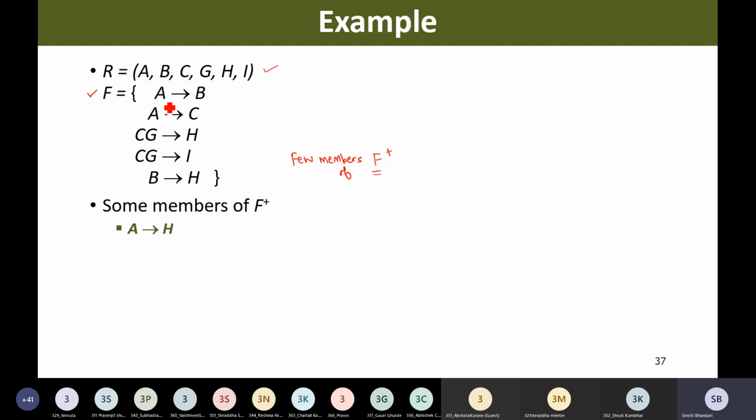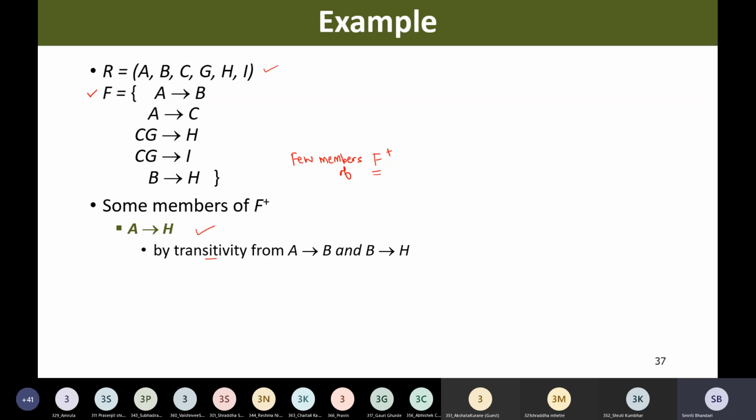See here, we have been given A determines B and we have been provided with another functional dependency B determines H. So if we use these two, A to B and B to H, then by applying the transitivity rule, we may come up with a new dependency A determines H. So this is a new member that we can add in our F plus.